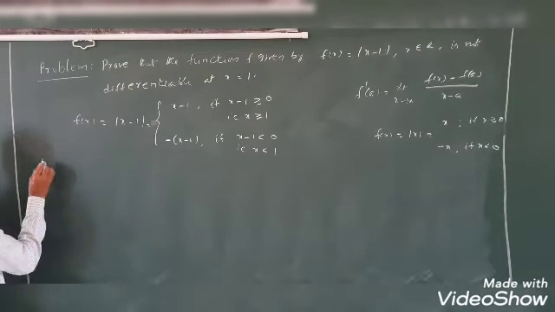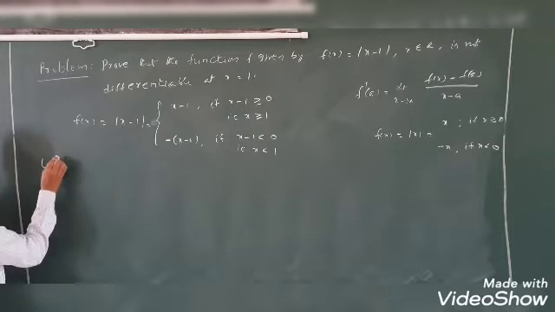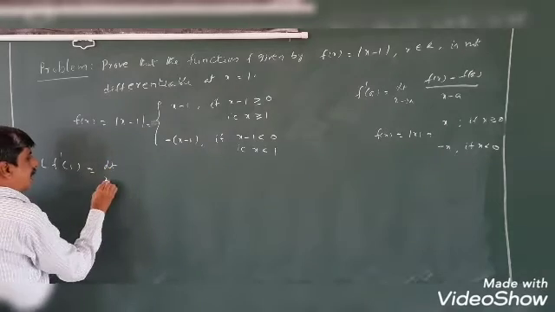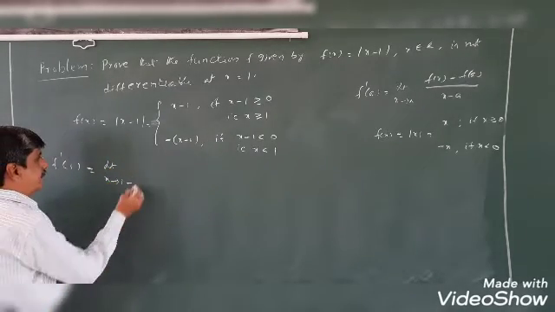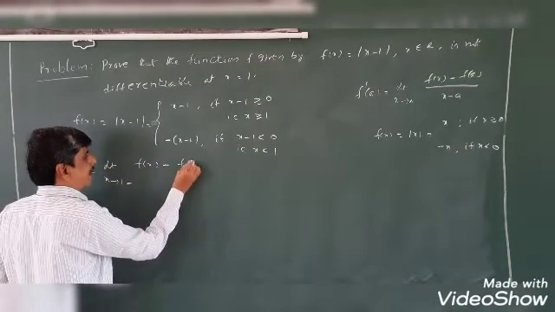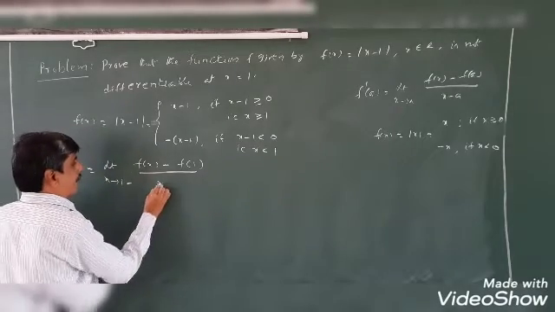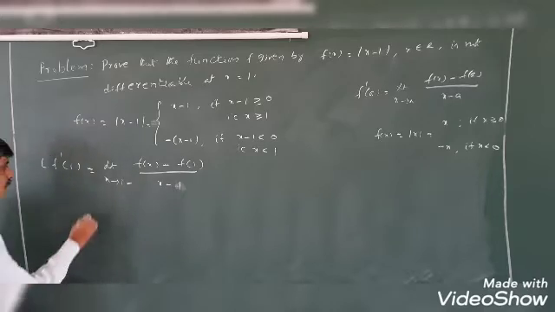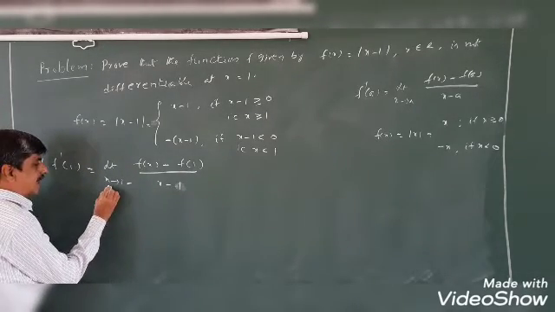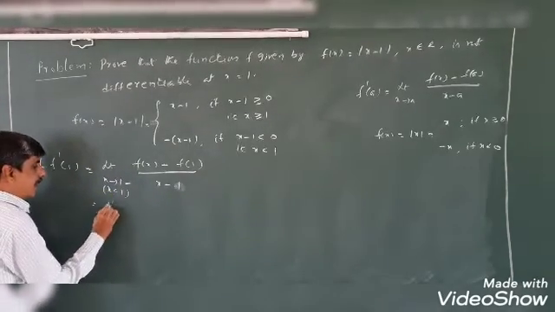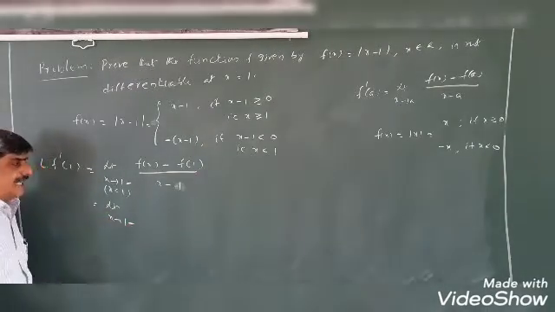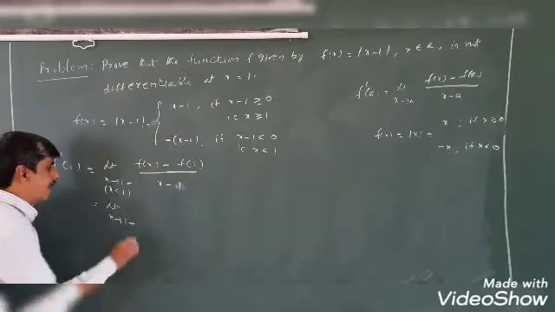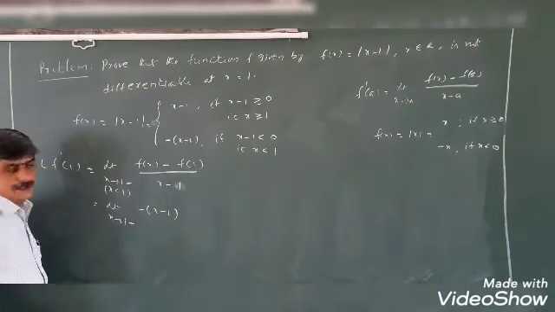So the left derivative at 1 is the limit as x tends to 1 minus of f of x minus f of 1 by x minus 1. Limit x tends to 1 minus means x less than 1. In the x less than 1 case, f of x is defined as minus of x minus 1.